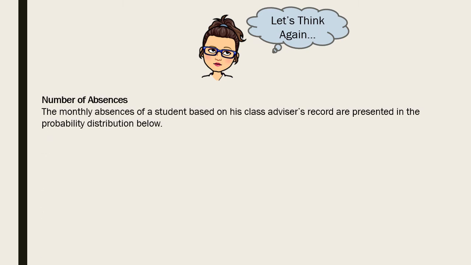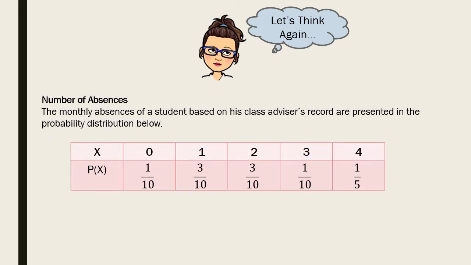Let's think again. So the number of absences naman ang ating pagtutuunan ng pansin ngayon. These are the monthly absences of student based on his class advisor presented in probability distribution below. So ang x natin or yung number of absences sa isang buwan, 0.